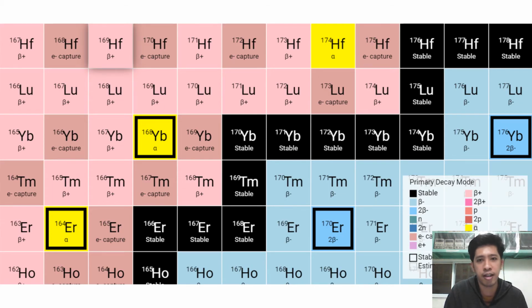You can see now your stable nuclides in the black blocks, and you can see other nuclides and their decay modes. So it's actually a very large chart of nuclides. Please explore this one in the website.